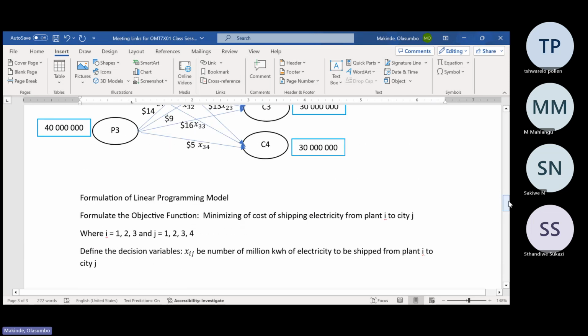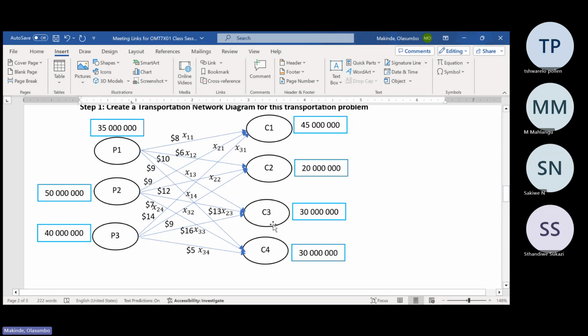Then we do the same thing for city 3 demand, to meet their demand, meaning that we are dealing with X13, following the same principle, plus X23 plus X33.